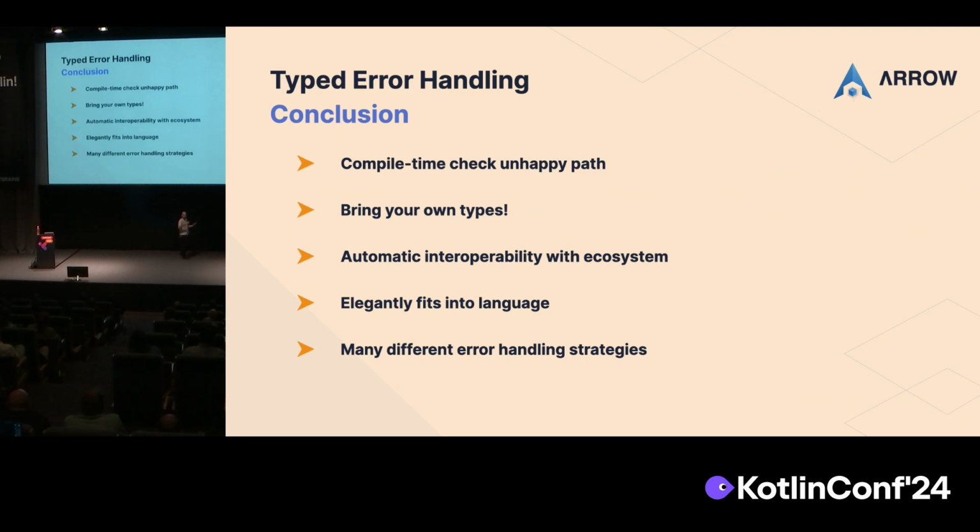I think it fits elegantly into the rest of the ecosystem because we cannot find a single technique that is not used in the Kotlin standard library or Kotlin coroutines. And while not shown today, there are many different ways of dealing with race for different strategies like error accumulation for error reporting or validation.